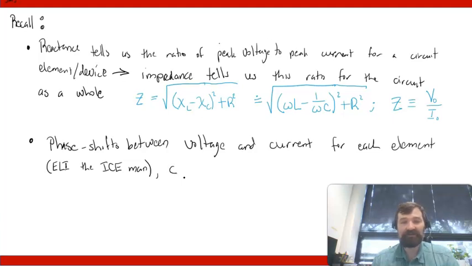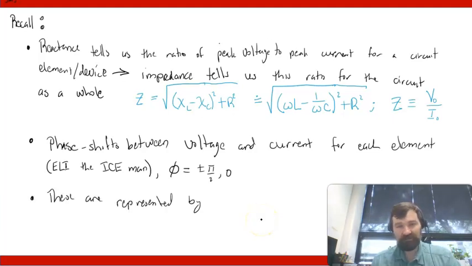The phase factor, phi, basically ends up being plus or minus pi over 2 or 0, depending on if you have an inductor, a capacitor, or a resistor. And all of these ideas, both the impedance and the phase shifts, can be represented by phasors and phasor diagrams, or a phasor diagram for the circuit.